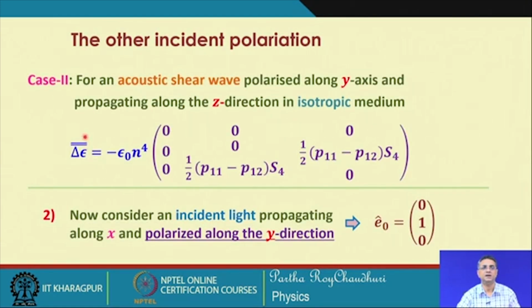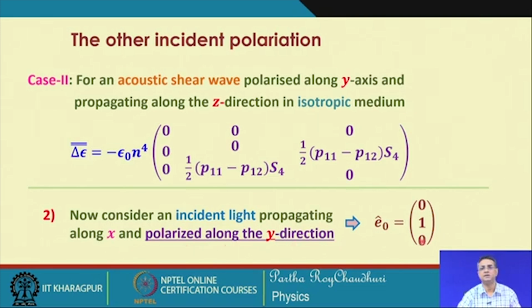Just to check that, because this form is independent of the incident polarization of the optical beam, this is the consequence of the acoustic wave that is travelling in the medium and which yields this change in the permittivity.